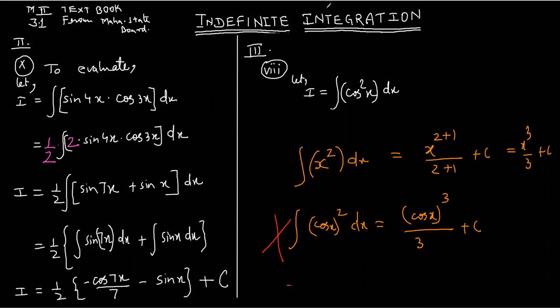Whenever you apply a result, the first thing you need to understand is the name of the function. So let's name this function. What is this function? The function is variable raised to constant.